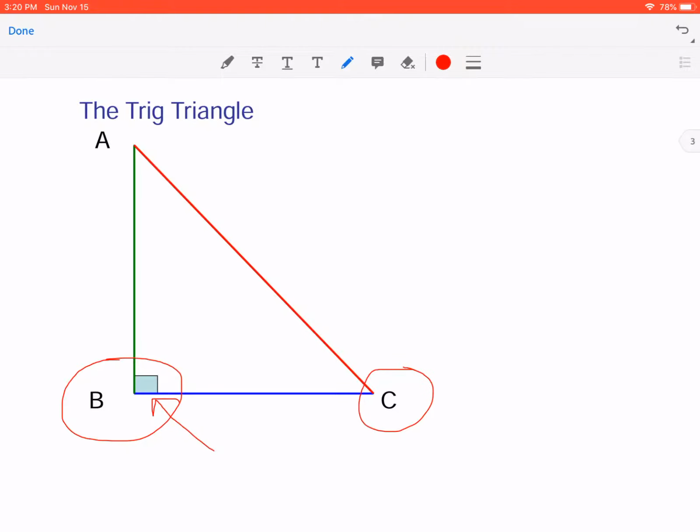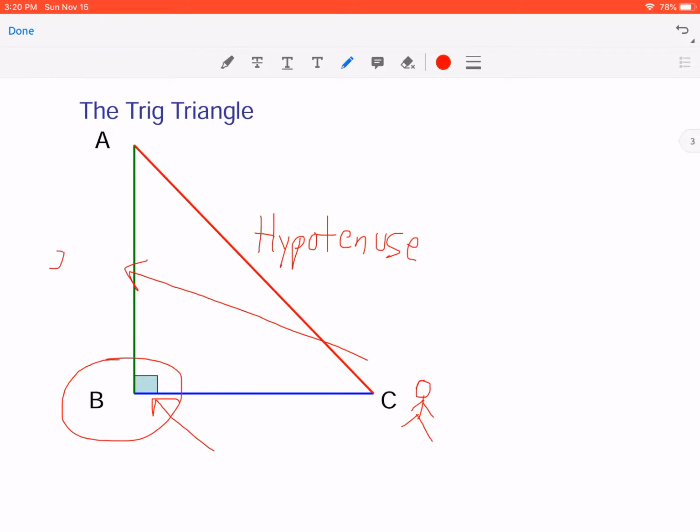So the way that I always teach this is pretend you're standing right here. The hypotenuse is always across from the 90-degree angle. That never changes. But depending on where you're standing, this side is the farthest away from me. It's called the opposite.